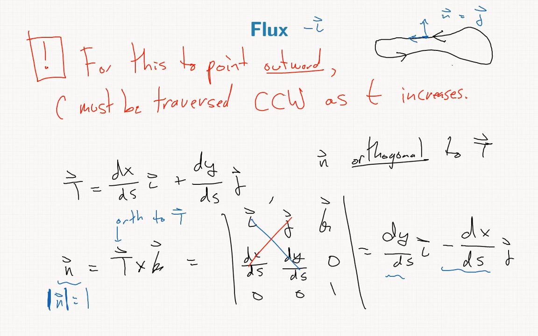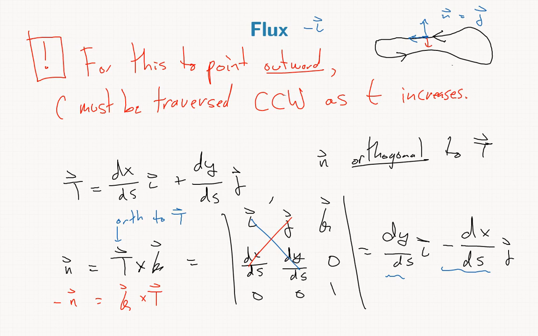Whereas we also could have taken k times t in the other direction, and remember when we switch the order in a cross product, we get the negative of what we got. So that would give us this vector instead, which is pointing inwards.